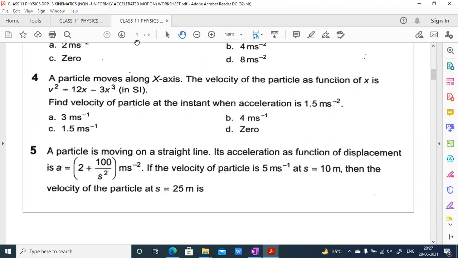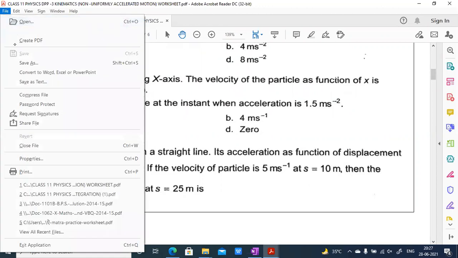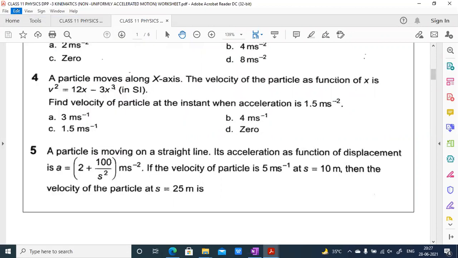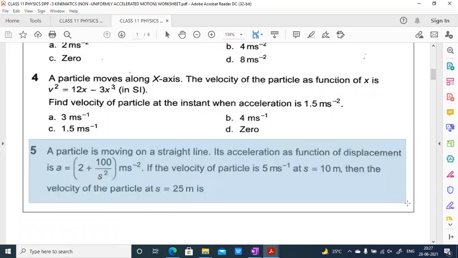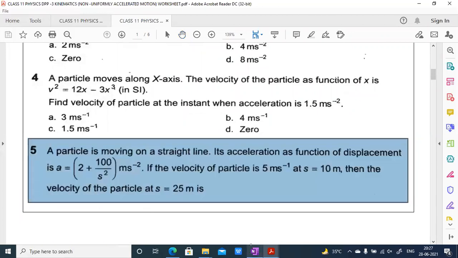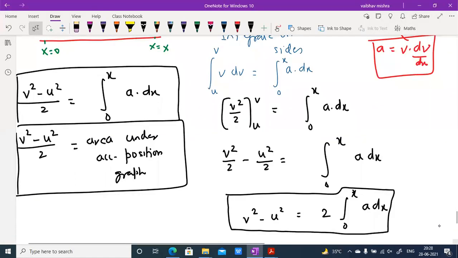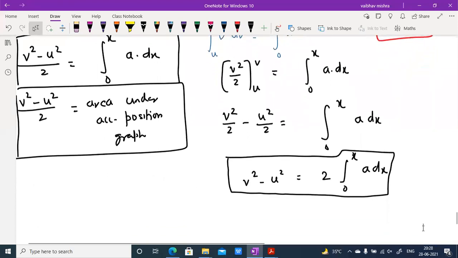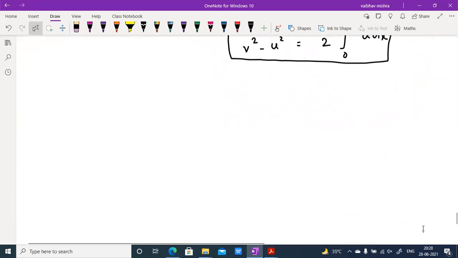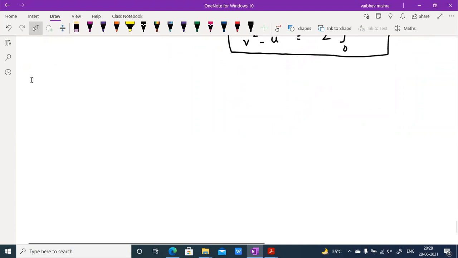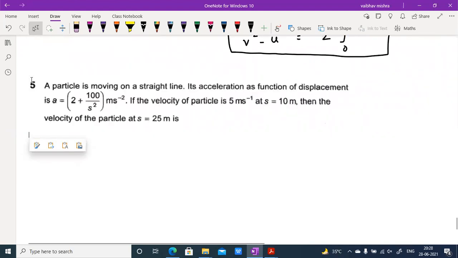So हम integration वाले पढ़ चुके हैं, but ठीक है, based on some students' demand, we are doing it again because integration is slightly more challenging maybe than the differentiation, or it may feel. So here a is given as a function of s.